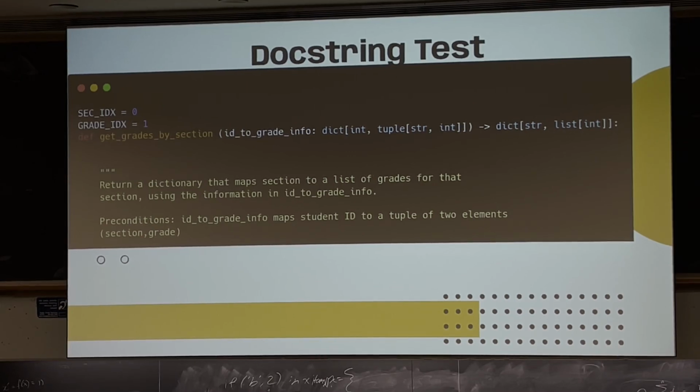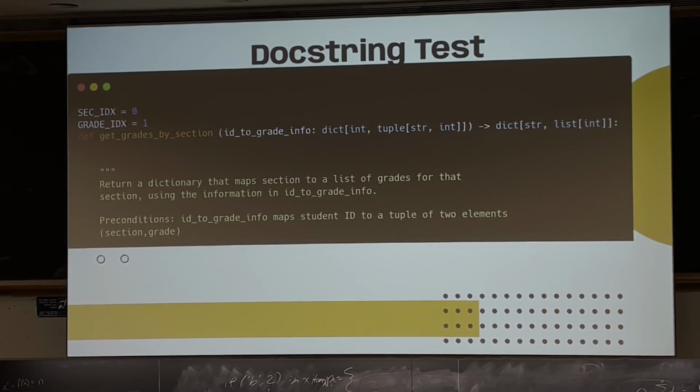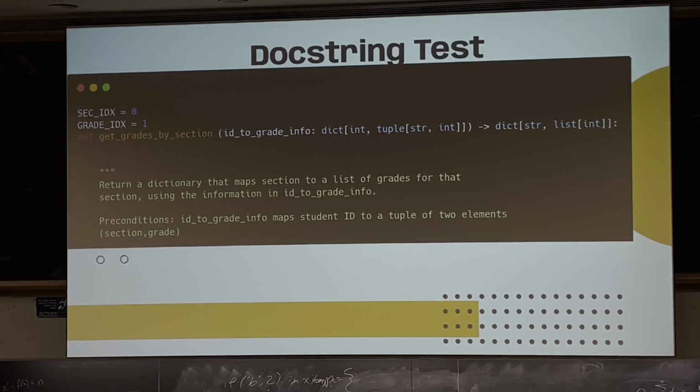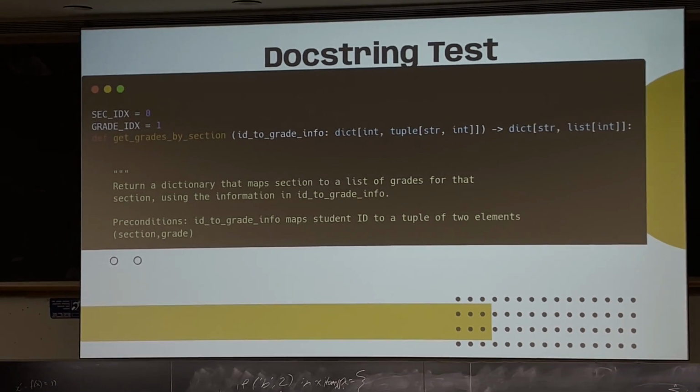Then you're going to have key 2, section 2, 48. And then you'll have key 3, you'll have section 1 again, right? The output would be another dictionary, right?